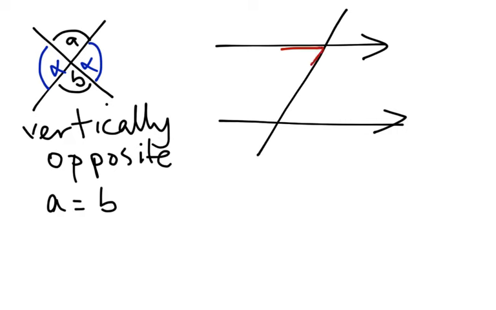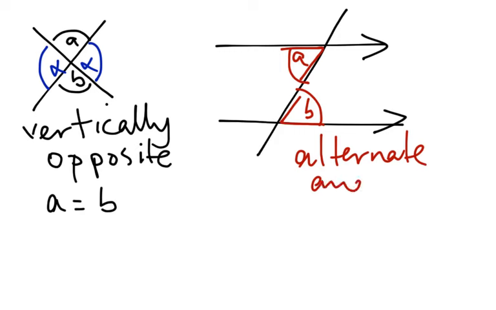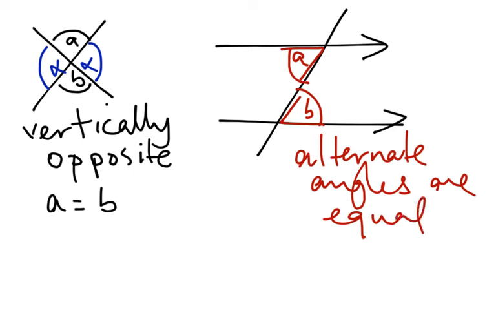If the angles are alternate, then these angles within the shoulder of the Z will be the same. So I will call this A and call that B, again showing that alternate angles are equal, thereby telling me that A and B are the same.